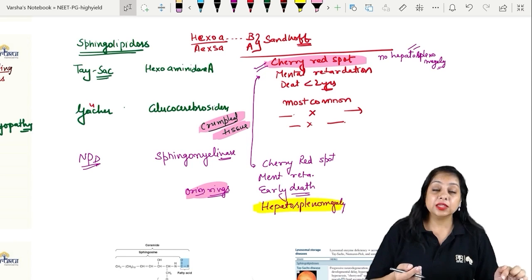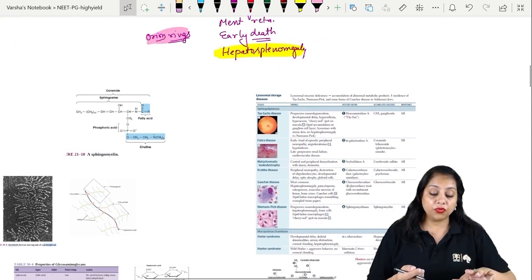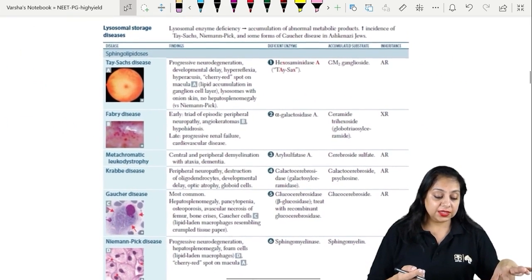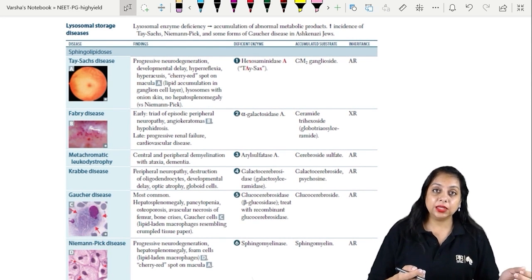There are other sphingolipidoses also, where the breakdown of those sphingolipids, which are lipids, is deficient and leads to diseases, because these lipids are degraded in the lysosomes by the lysosomal enzymes.